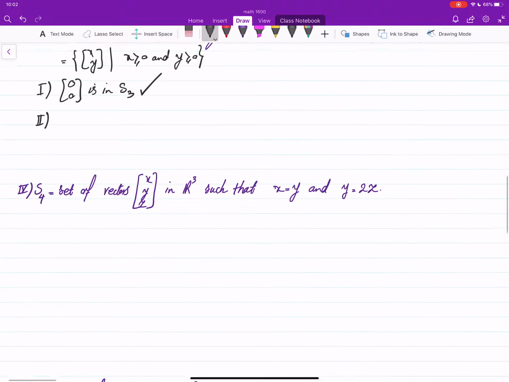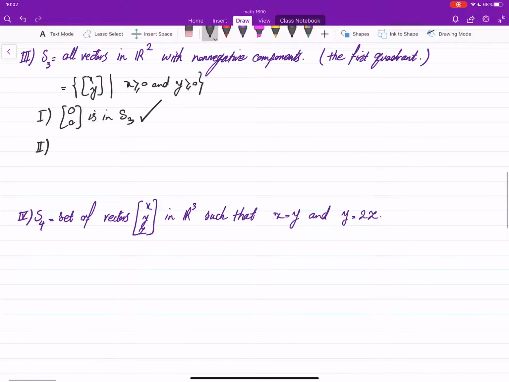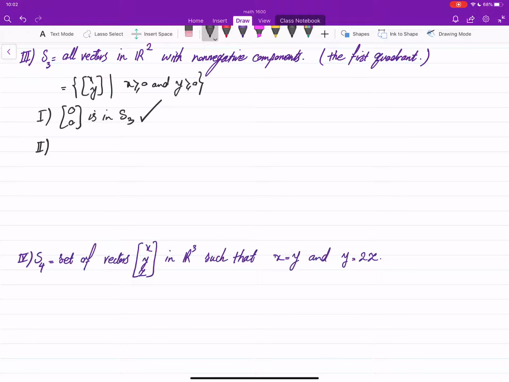closedness under addition? Okay, here, so let me just give us a little bit more space. So again, we start with two vectors (x1, y1) and (x2, y2) in S3.